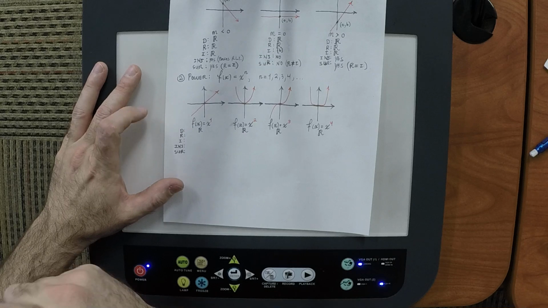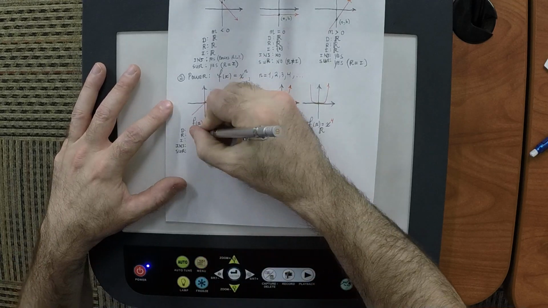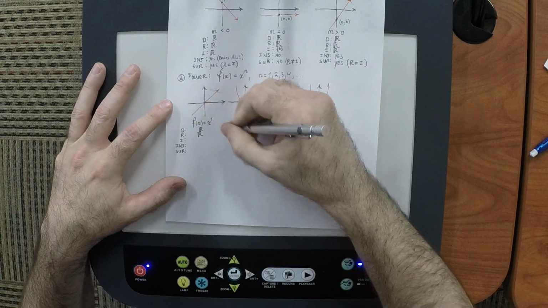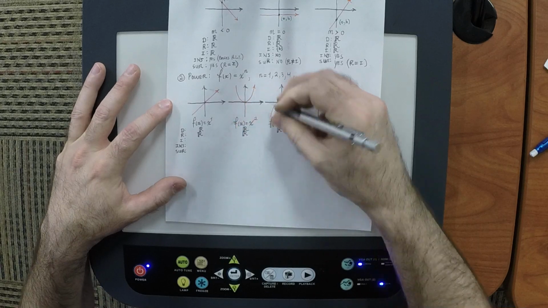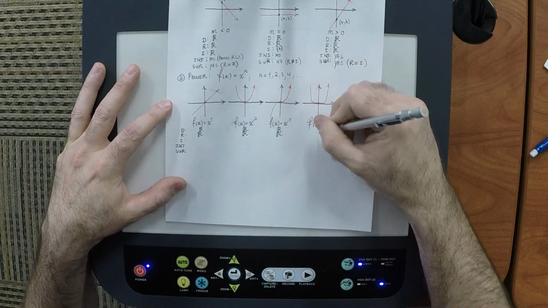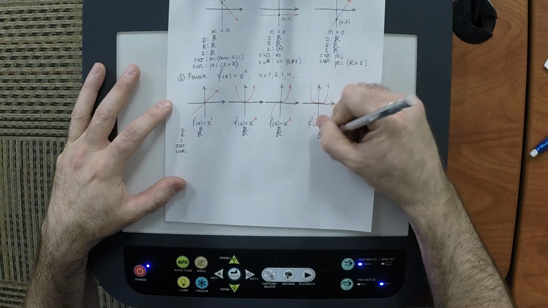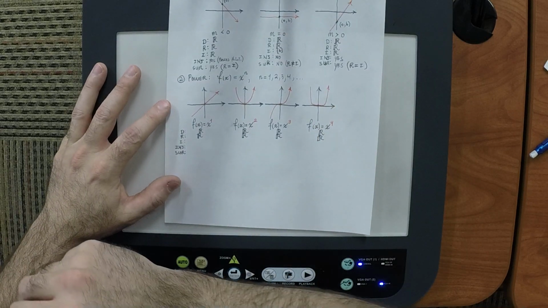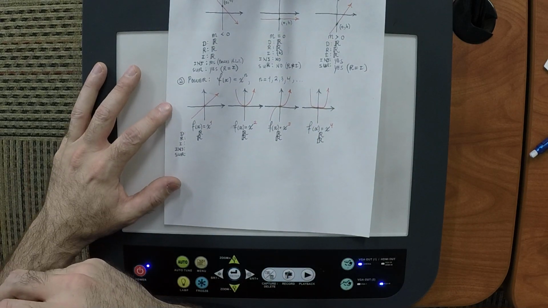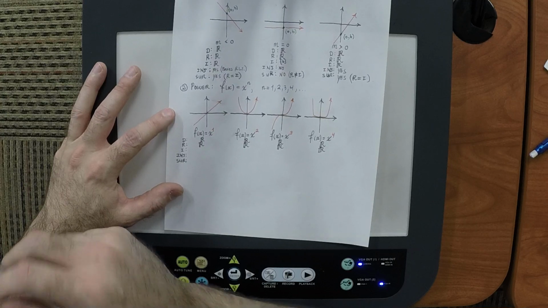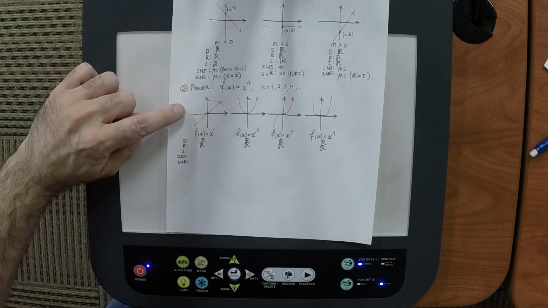What's the range, in fact, for all of them? The reals, because no range was made explicit. As a result, the range is everything. Here's the interesting question. What's the image for this one?